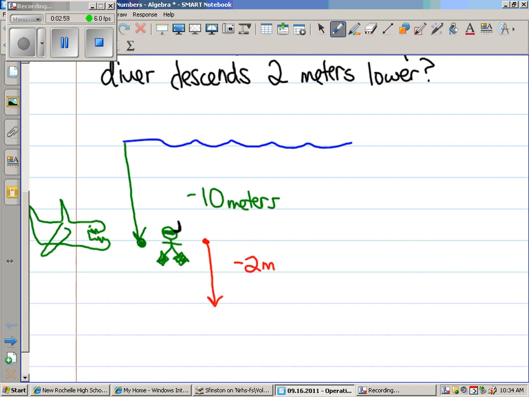Minus 2 meters, for a total of negative 12 meters. Negative 12 meters. That's our answer.